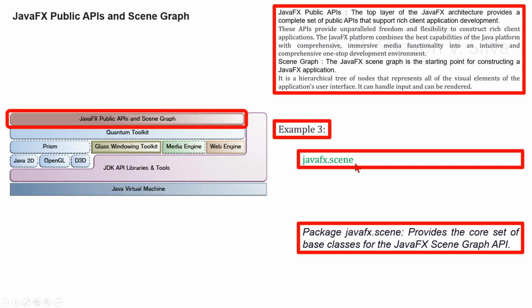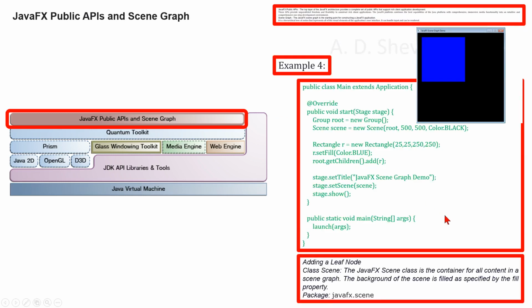It provides the core set of base classes for the JavaFX Scene Graph API. As an example 4, we can consider adding a leaf node.